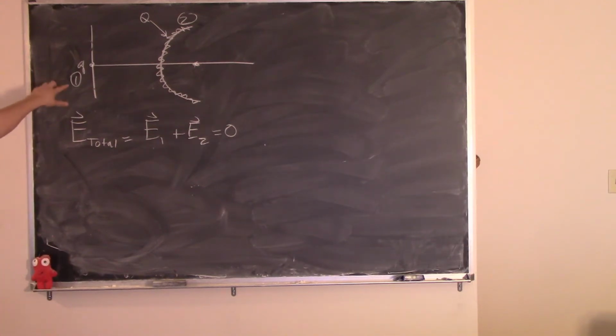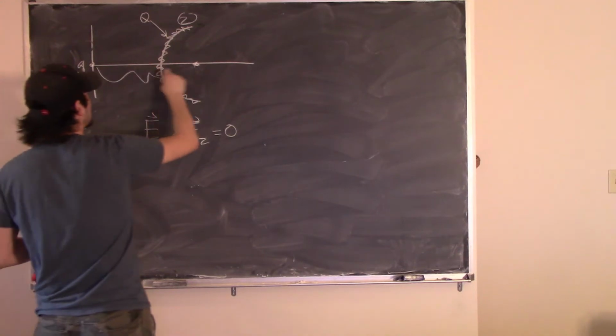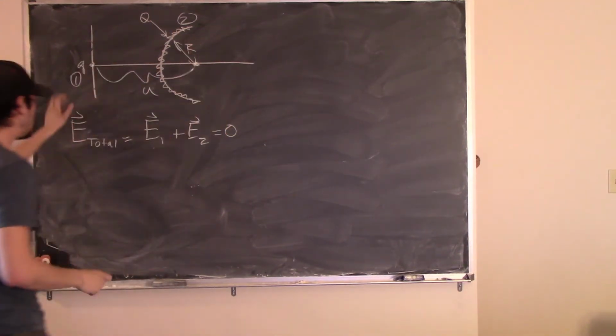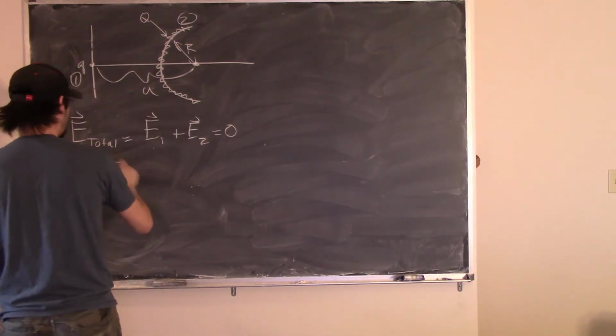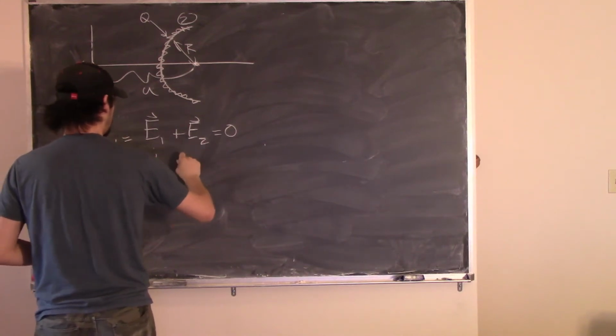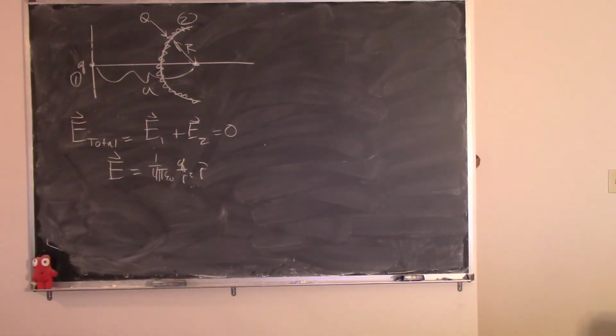So the first one is probably the easiest one to do. This was some distance of a, and this is some radius R. We just need to find what the electric field from this one is. So in general, E vector is equal to 1 over 4 pi epsilon naught Q divided by r squared times r hat for point charges.